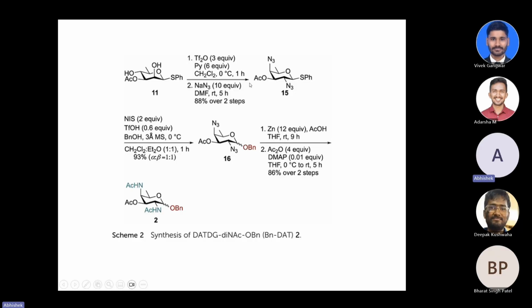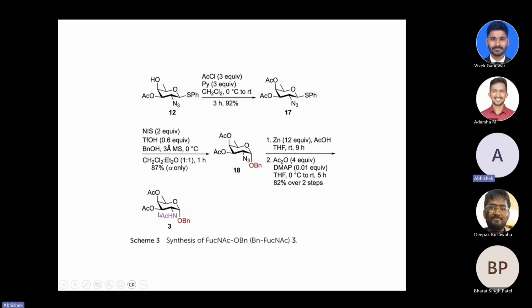C4 azide. Then the glycosylation, as the sulfur is activated by the NIS, and it glycosylation with the benzyl alcohol as an acceptor to form 16, then further reduced and protected by acetic anhydride. These are the same.